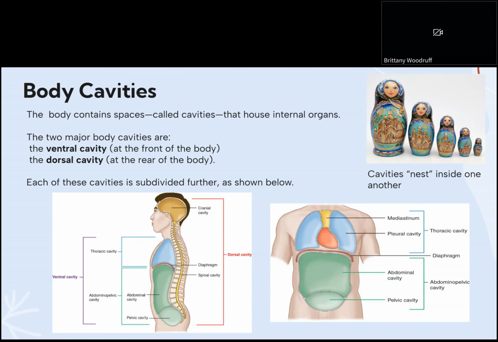So things like your stomach, your intestines, your liver, that's all going to be in your abdominal cavity. Your pelvic cavity is really going to have your reproductive organs. So like your uterus is going to be in your pelvic cavity. So abdominal and pelvic.